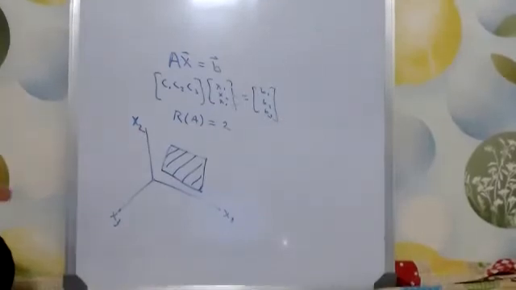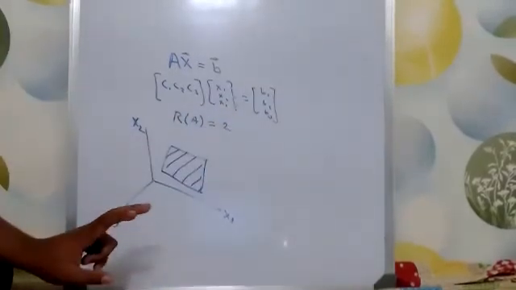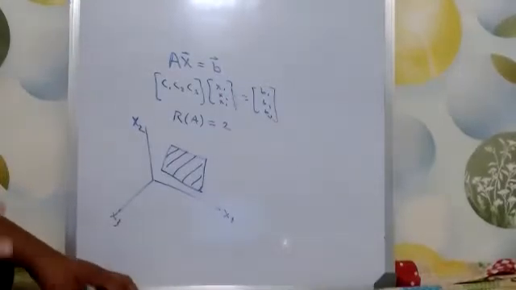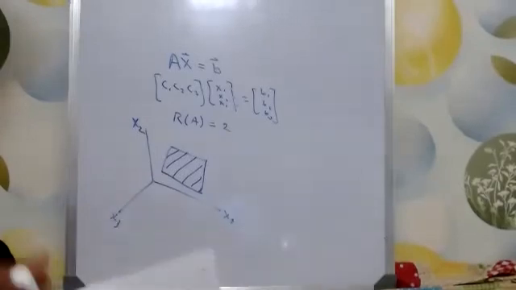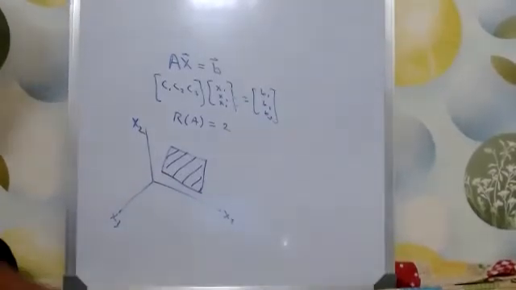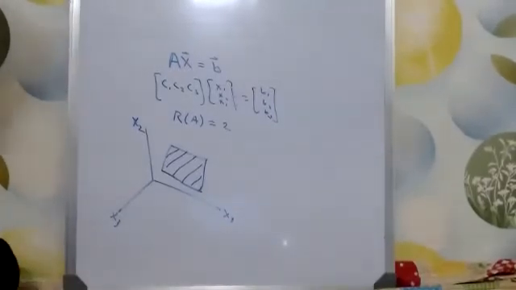It will be the linear combination of the rows. Just think like that. Column space and row space are not the same thing, right? I said this before also. This is very important. Column space and row space, though the definitions look very similar, are not the same thing.